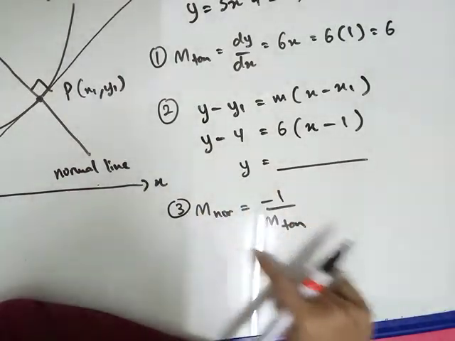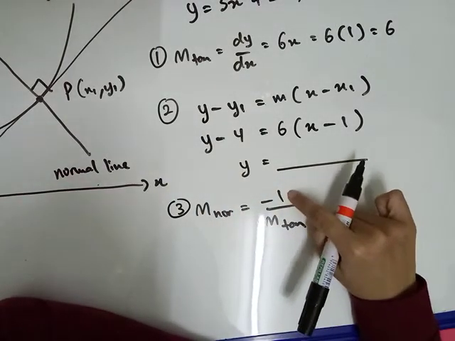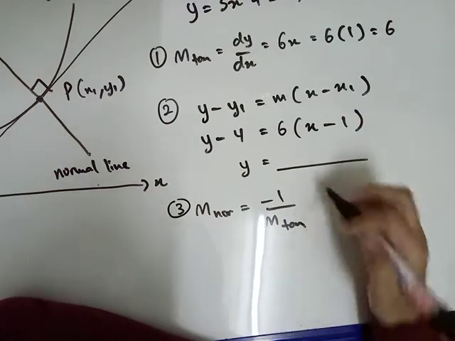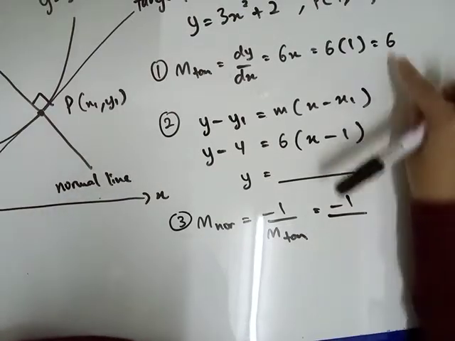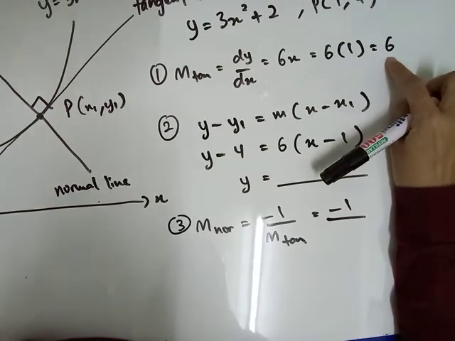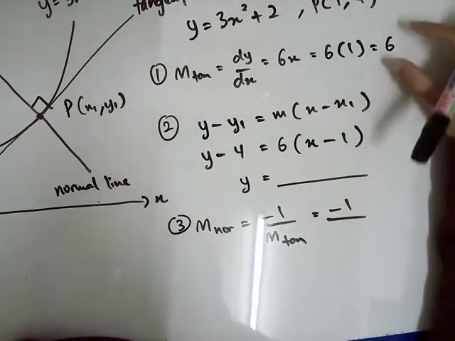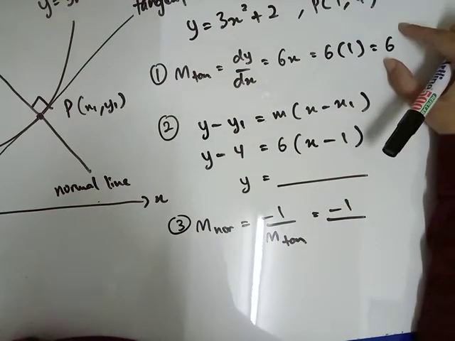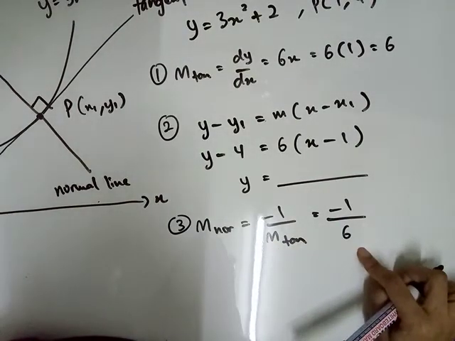This is the formula to get the gradient for the normal line. So negative 1 over m tangent, which is 6. We know that the gradient of the tangent is 6. So the gradient for the normal is negative 1 over 6.